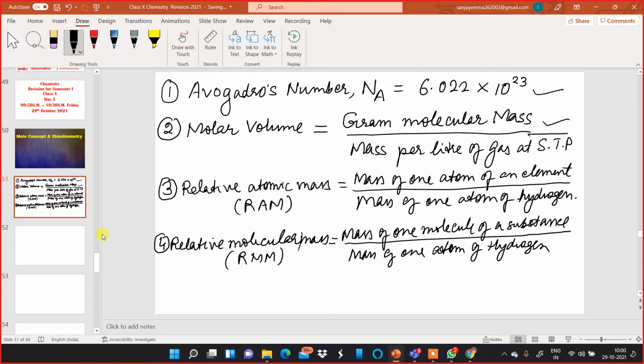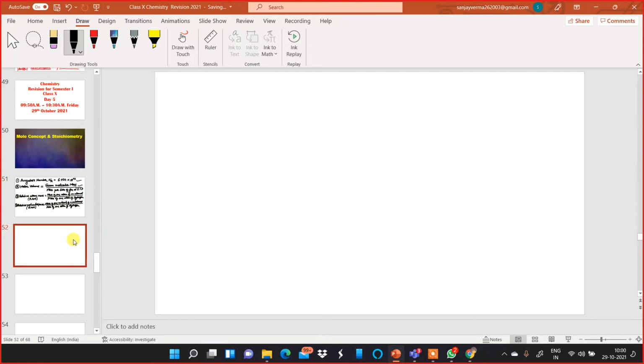After getting all these formulas correct in your mind, we'll jump to what is written in the syllabus. Without knowing these four things you cannot jump to the next term, which is called vapor density, VD.